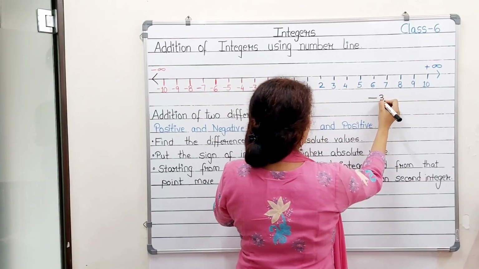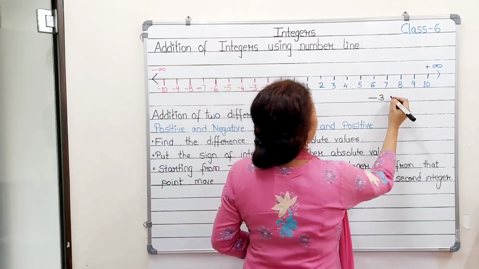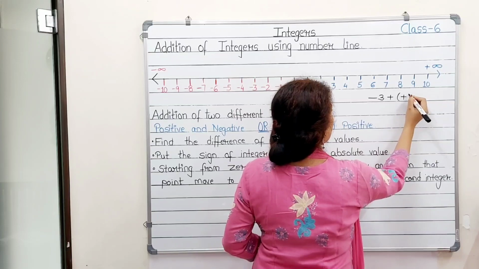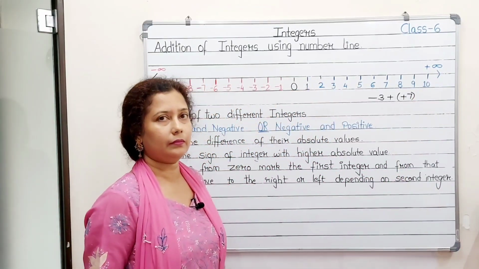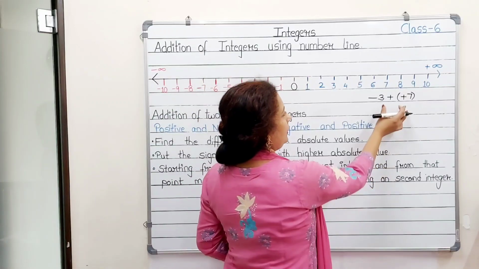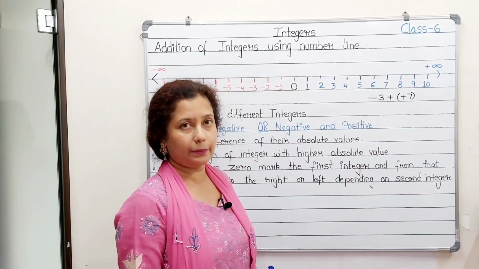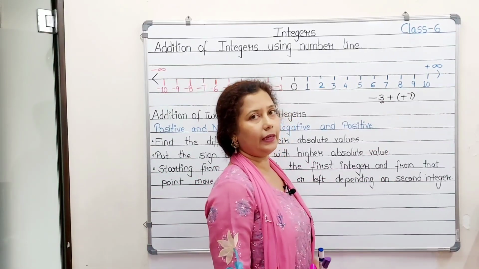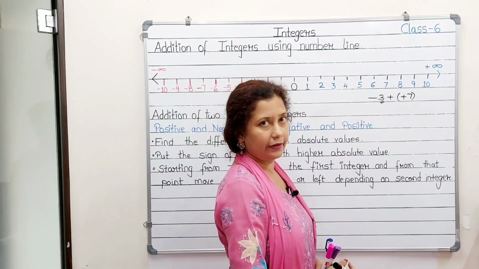Minus 3, the first negative integer, and we will add it to a positive integer, that is 7. Here we have to find again the difference of the absolute values. The absolute value of minus 3 is 3 and the absolute value of plus 7 is 7.